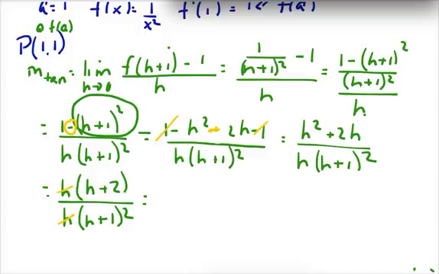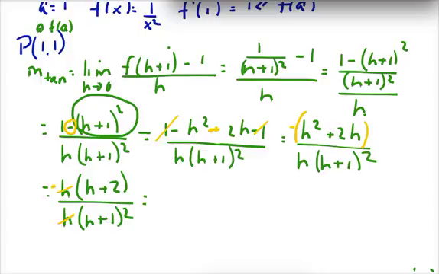And I'm left with minus h squared plus 2h. Okay, so factor out a minus h, and I'm left with h plus 2 over h plus 1 squared. Okay, so we're okay there.